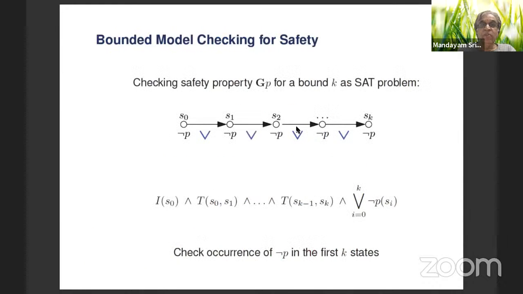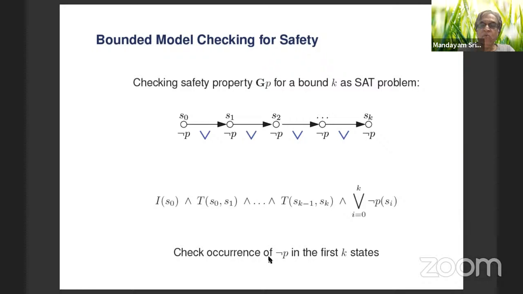For safety properties of this kind, G of P, this is exactly what you verify. This is what I had shown in the previous slide. If you want to check that counterexamples to G of P of length K or less don't exist, then you will have to check the satisfiability of this formula.